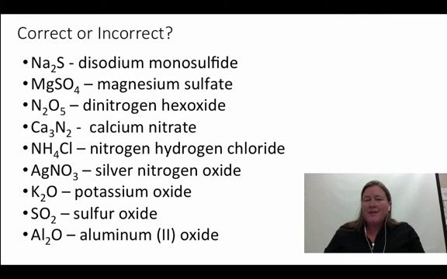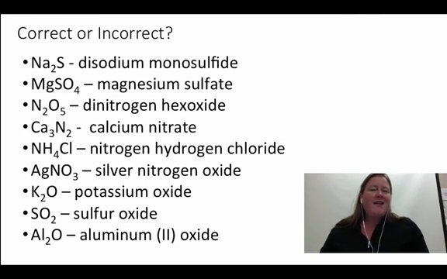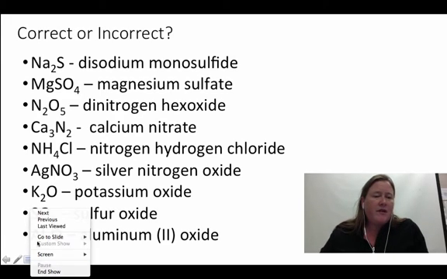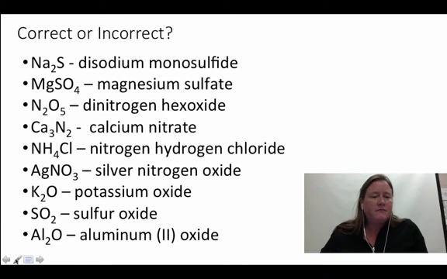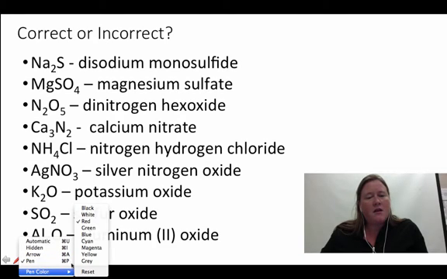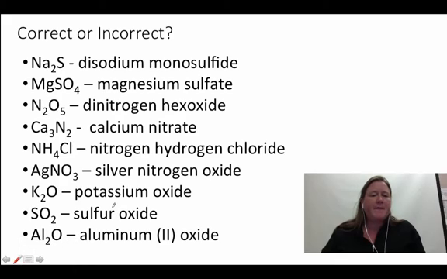Okay, I'm hoping that you figured it out by now. I'm back. Let's look at the first one. Looking at the first one, we have Na2S, and we see disodium monosulfate.